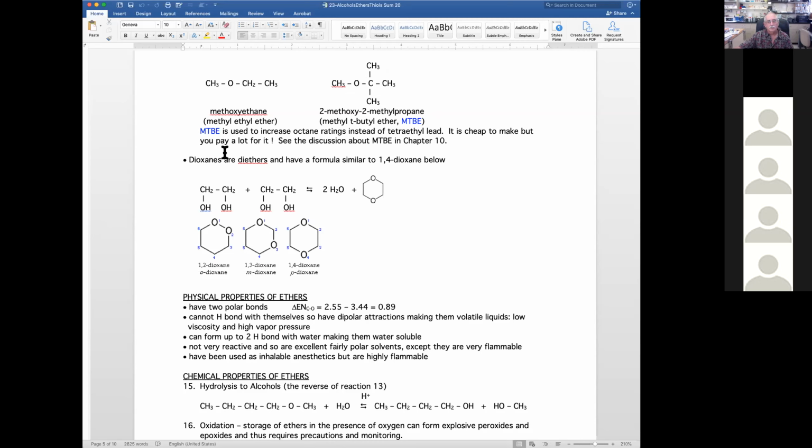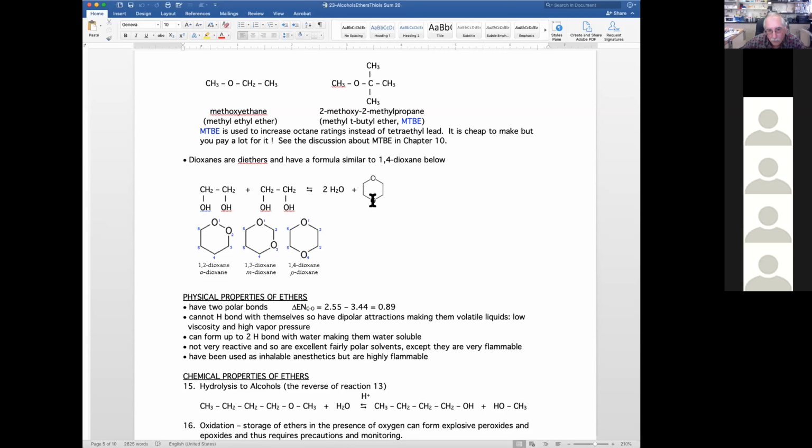So what are dioxanes? Because some people have heard of dioxanes and they say, oh, dioxanes are bad. How do you make them? So if I take 1,2-ethanediol, which is also known as ethylene glycol, and I take 2 molecules and I face them towards each other and I do 2 dehydrations, I get a cyclic compound. Okay.